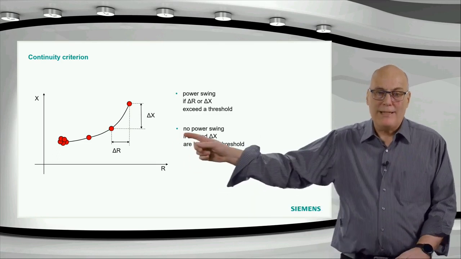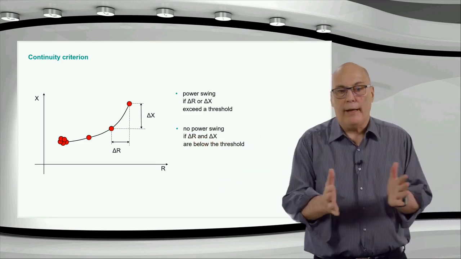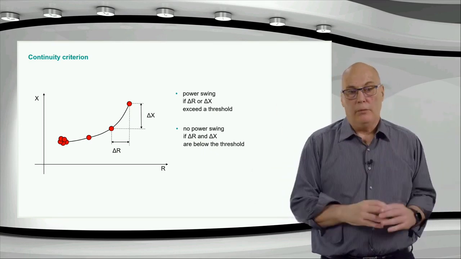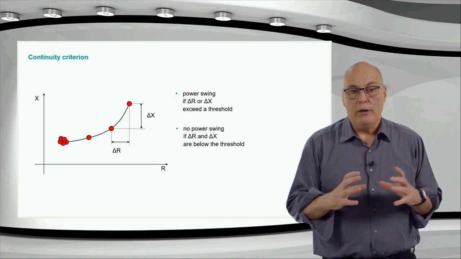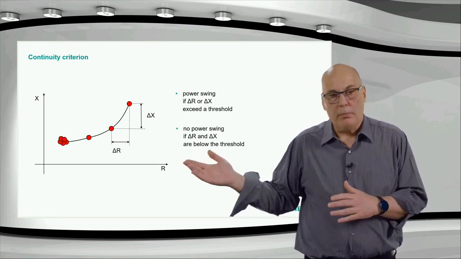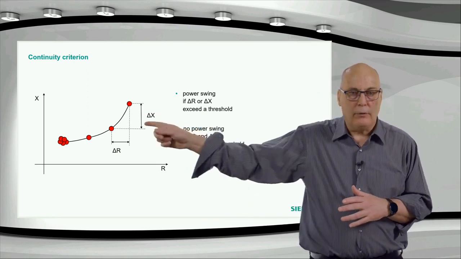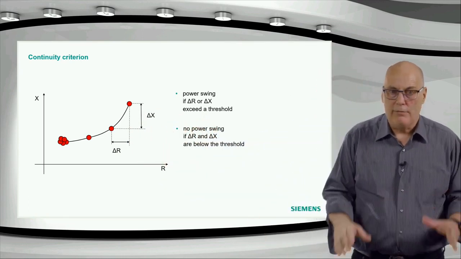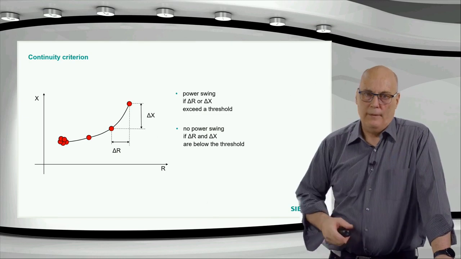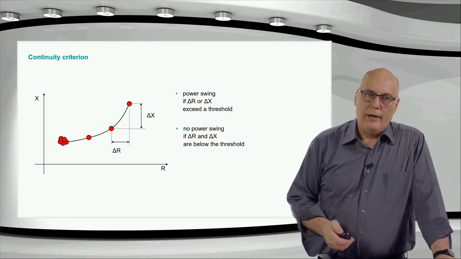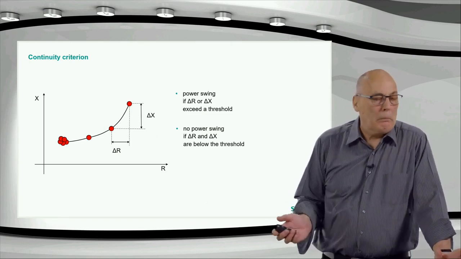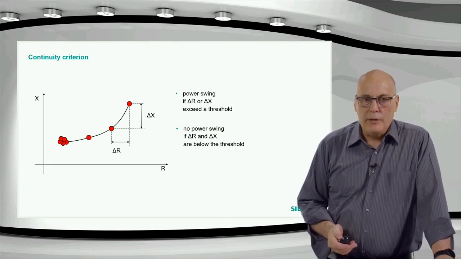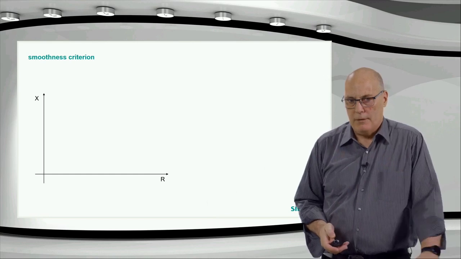Because remember, if it's inside the relay characteristic, somewhere at 120 or 150 degrees on our circle, that is not a point where the impedance can stop. It can stop at 60 degrees or 40 degrees, somewhere out here, but not in there. If it stops there, it's a fault, typically a three-phase fault. Very unlikely to happen, but some people like to test things like that, and the relay will detect that and reset the power swing blocking if that happens.